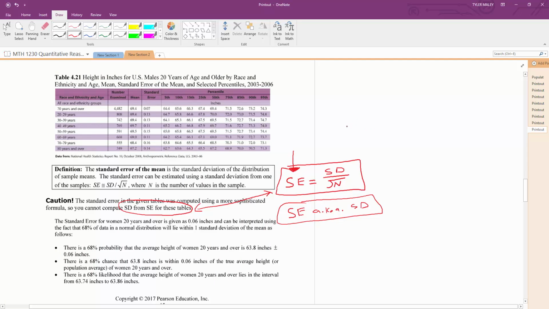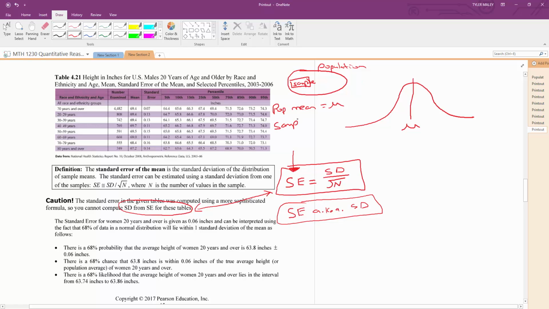So when we have this normal distribution, and the population mean mu, remember, we have what's called a population, and then we take a sample of the population. The population mean we call mu, and the sample mean we call x bar.